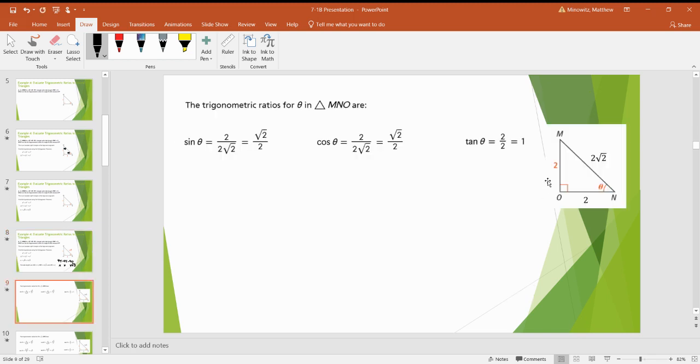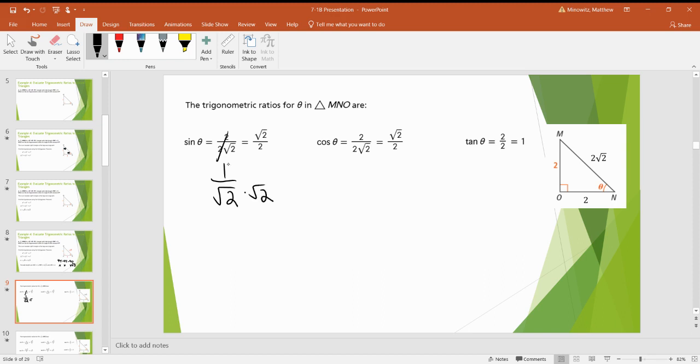So this diagram, the sine is opposite over hypotenuse, 2 divided by 2 square root of 2, and I simplify that. The way I do that is the 2's are going to cancel out, and I'm left with 1 over the square root of 2, and I multiply that.